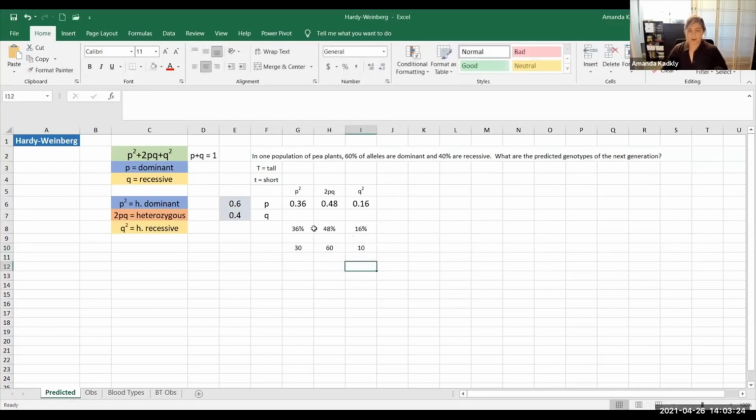Our prediction was 36%, 48%, and 16%, but the actual numbers were different. So that means that this population is changing somehow, and that evolution is occurring in this population, because the gene frequencies are changing from what they should be if everything were consistent.